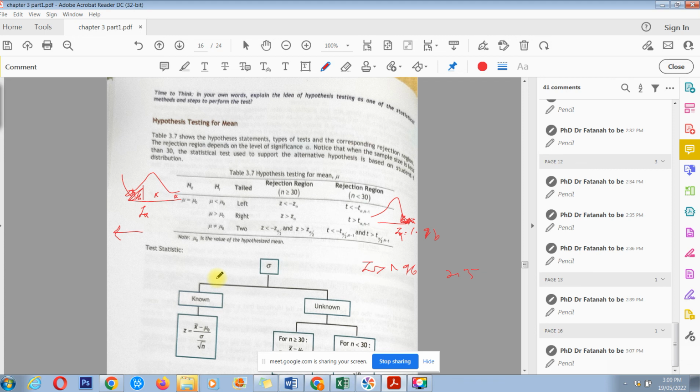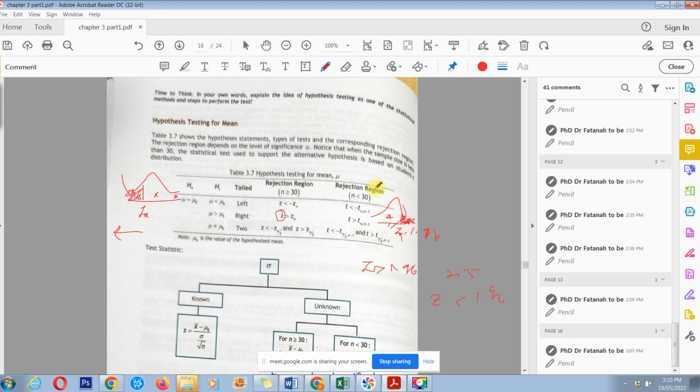But if the z we calculate here is found to be less than 1.96, maybe it is around here.